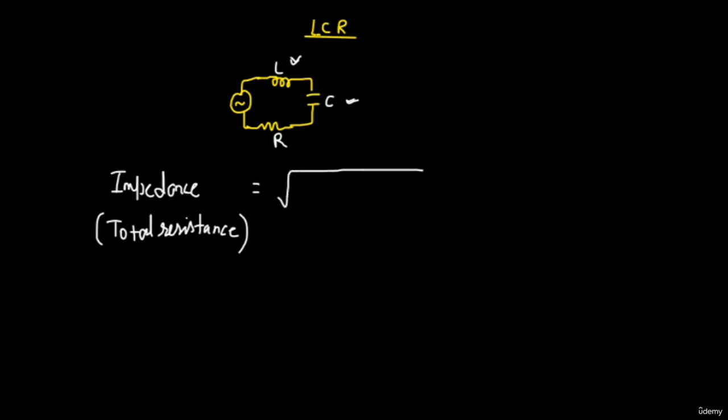So what is it actually? Z is the square root of R square plus XL minus XC whole square. Well, I'm going to tell you in a bit what it means, so don't worry about that. Let's just write everything first so that we can see everything.